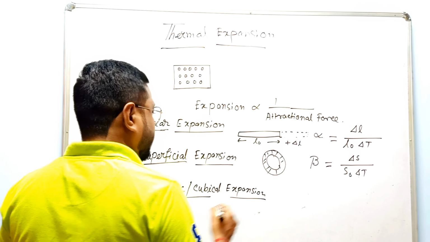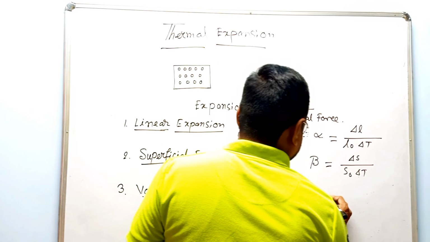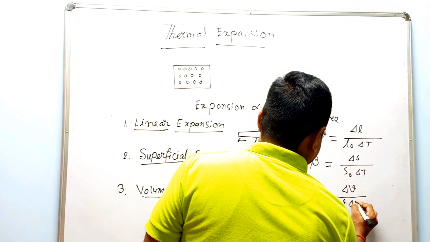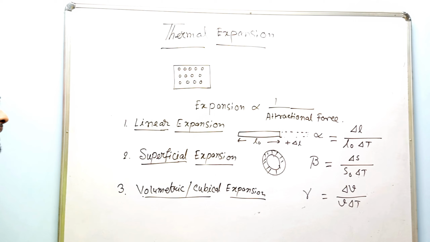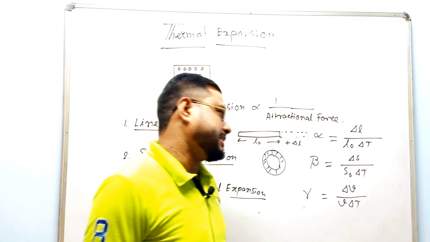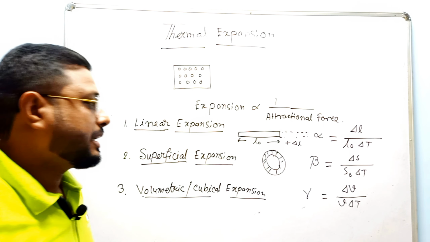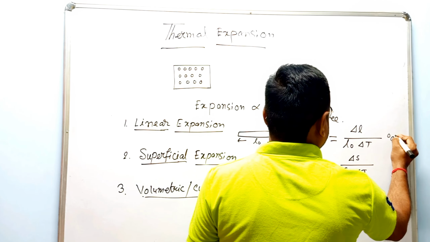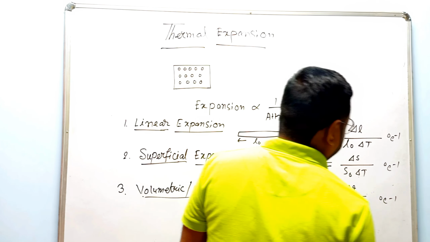Similarly, gamma, the coefficient of volume expansion, is given as change in volume, delta V, by initial volume multiplied by temperature change. So alpha, beta, gamma is the measure of expansion. The unit of alpha, beta, gamma does not depend on the length, area or volume. The unit is degree centigrade^-1 or Kelvin^-1.